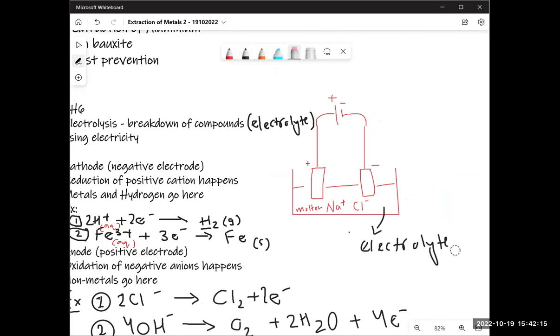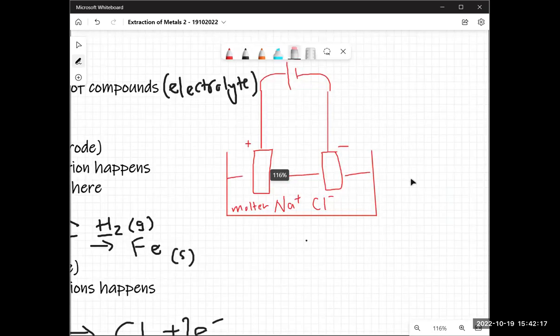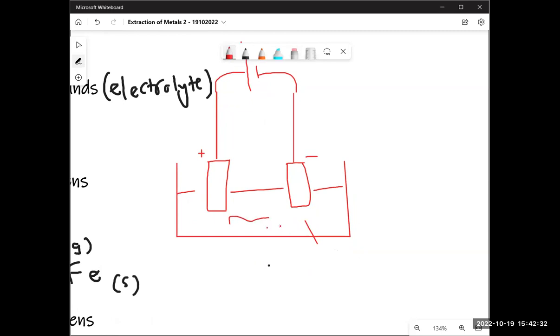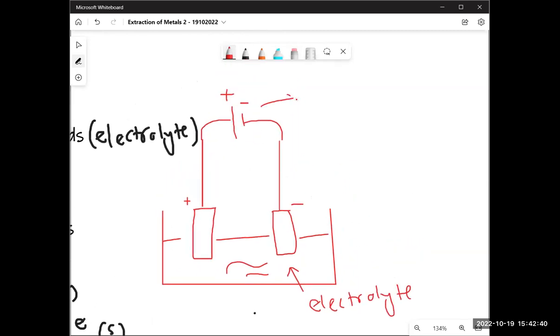Now, when you have done that as well, I want you to make this diagram, the one in front of you. Over here we have electrolyte. Let's say make an arrow like this and put electrolyte, and this is power supply.